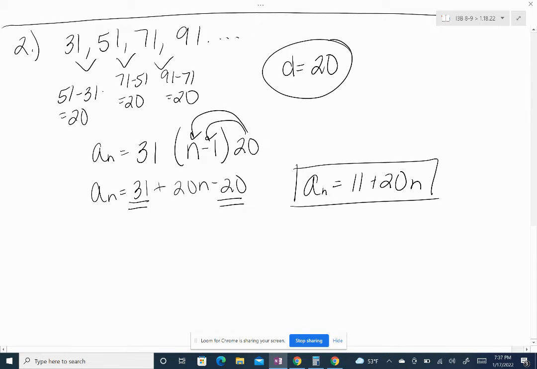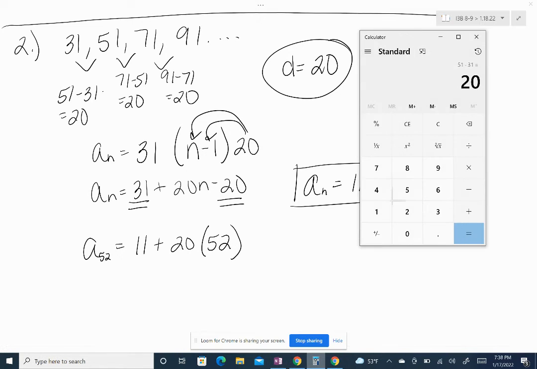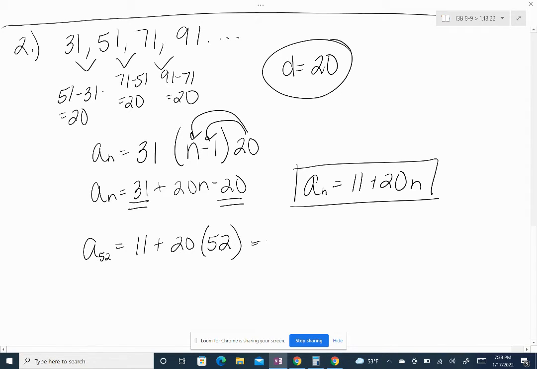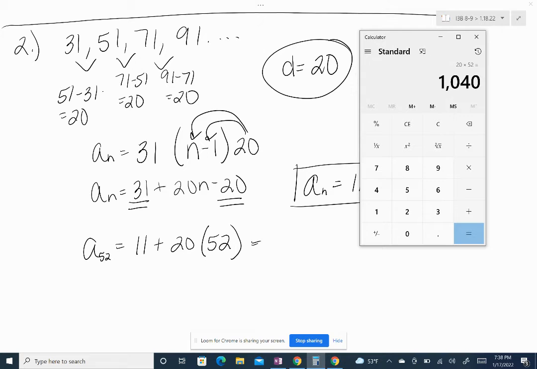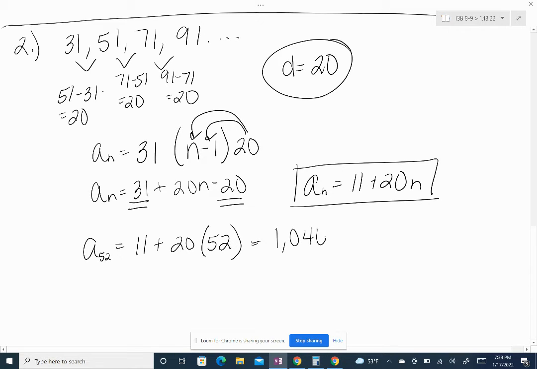Okay, and then our 52nd term, when our n is 52, it's going to be 11 plus 20 times 52. And I don't know what 20 times 52 is off the top of my head. That gives us 1,040. Okay. And that's going to be our 52nd term.